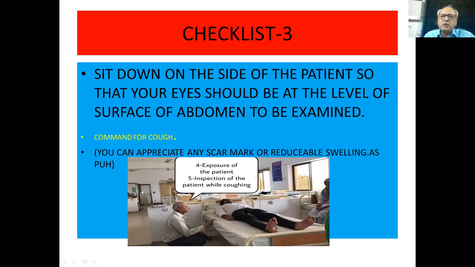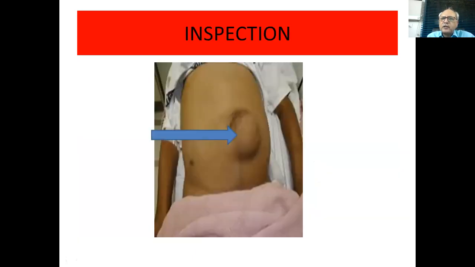Now, while sitting on the right side of the patient, you ask the patient to cough. And in this position, you can see and appreciate any visible cough impulse. This position is very special for the diagnosis of para-umbilical hernia.